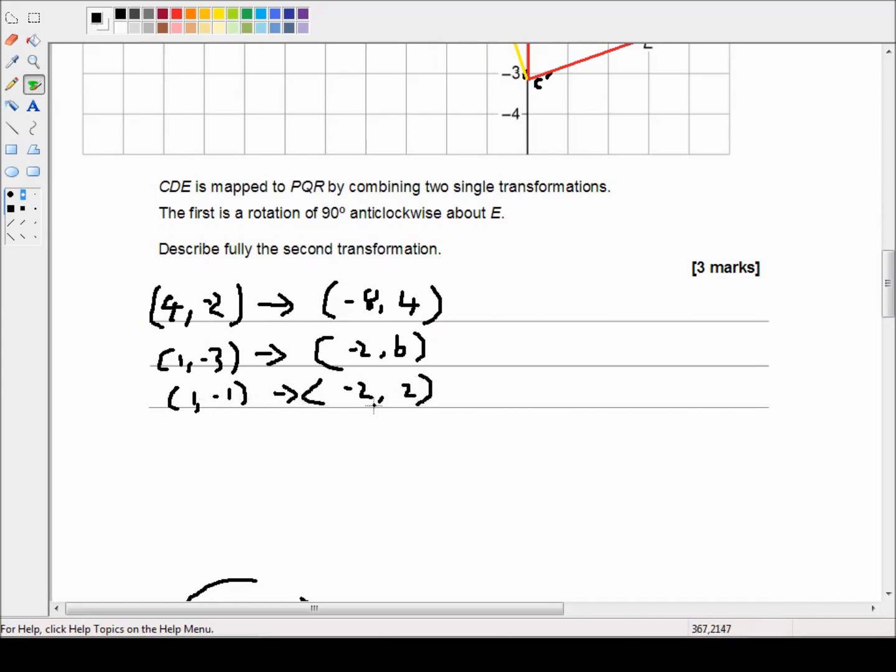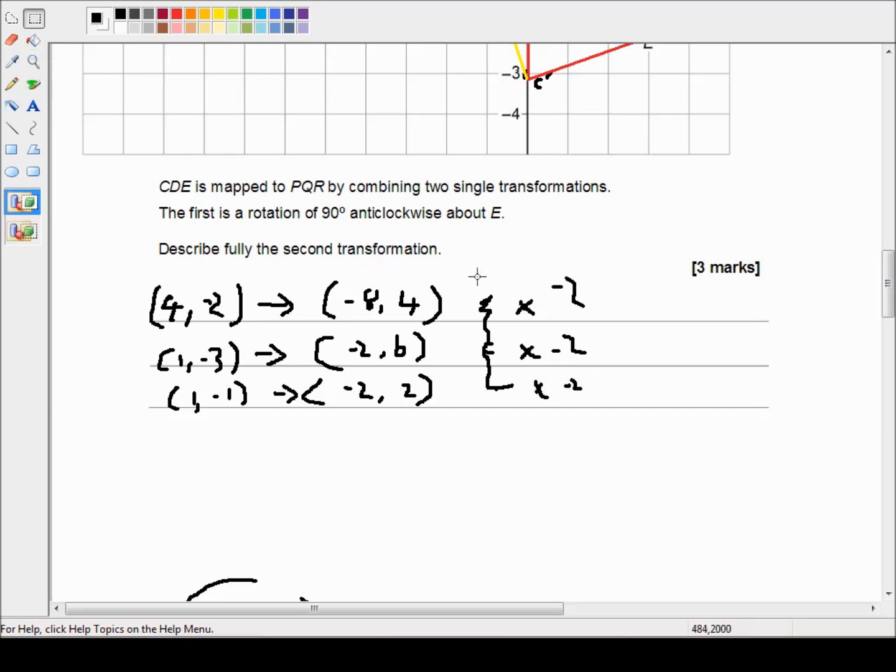And again, that's an enlargement of negative 2. We're multiplying both by negative 2. So this is multiply by negative 2, and this is multiply by negative 2. They're just times by negative 2, isn't it?